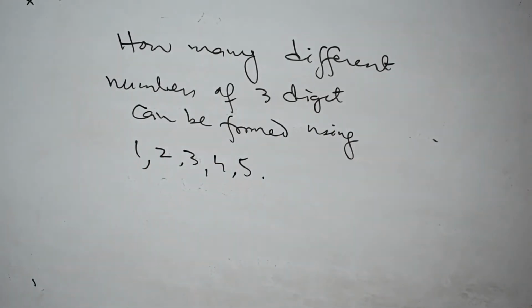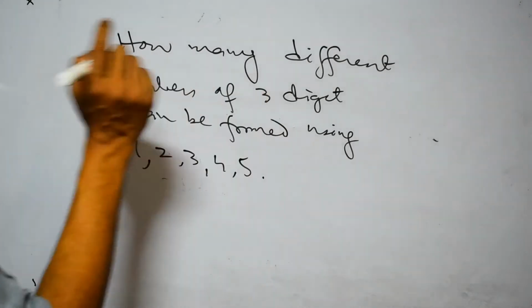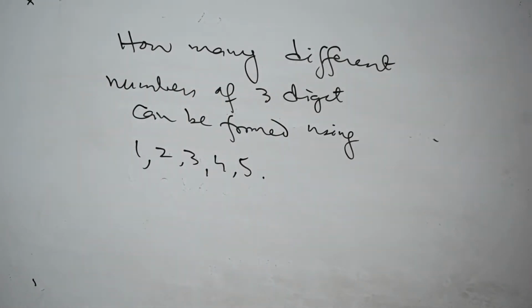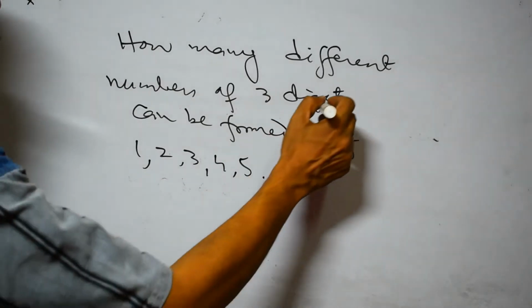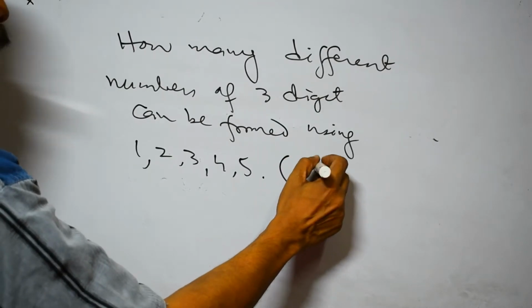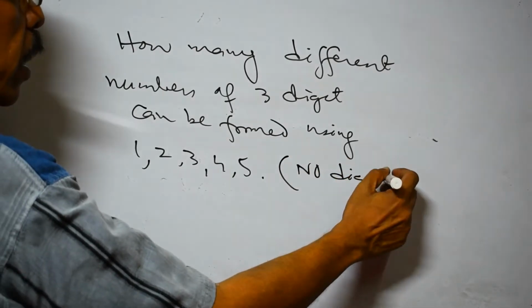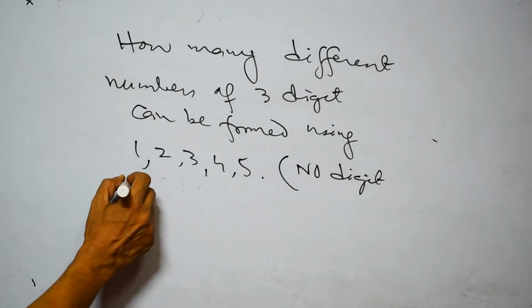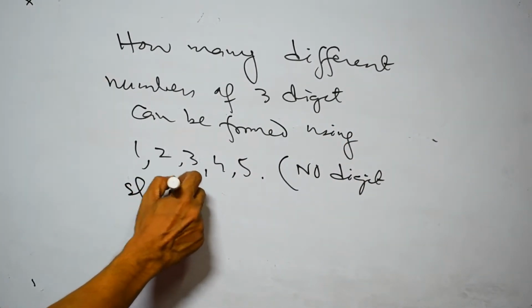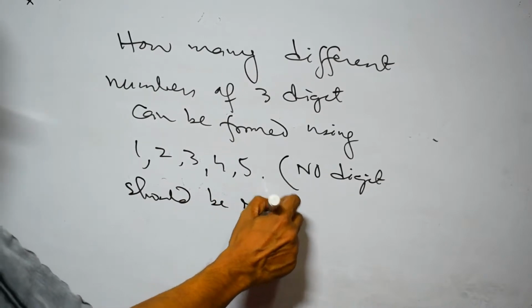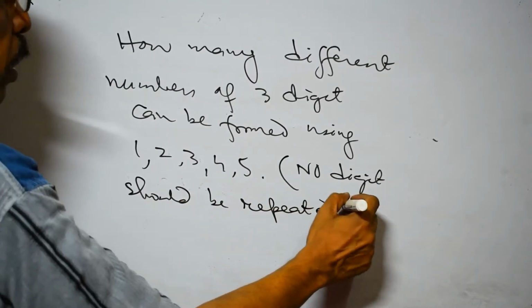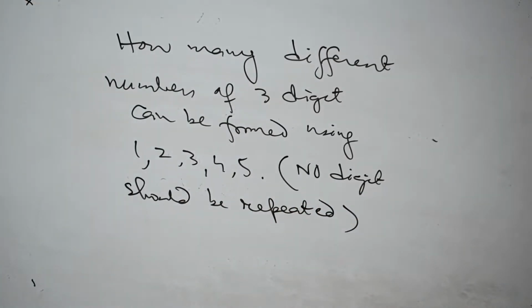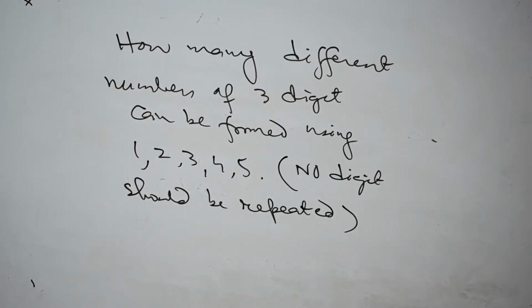So it's a very simple case because we have 5 figures and we are going to take 3 digits, but one problem is no digit should be repeated. This is a very important part of the problem. This portion normally we consider in most of the general problems, that the digits are not going to be repeated.